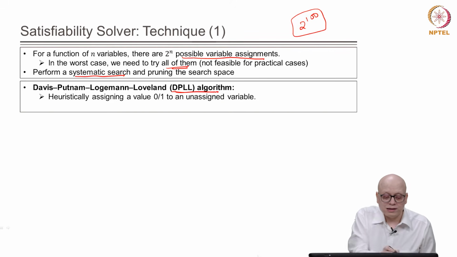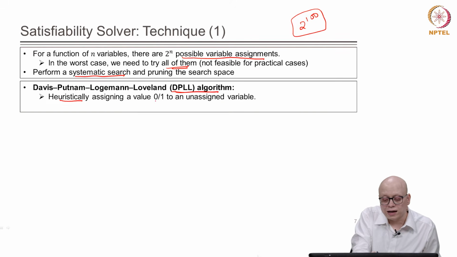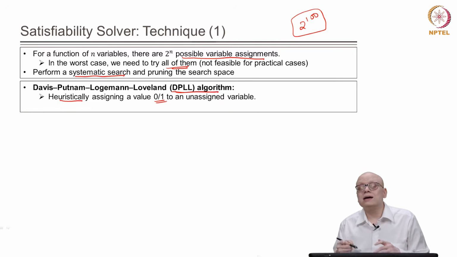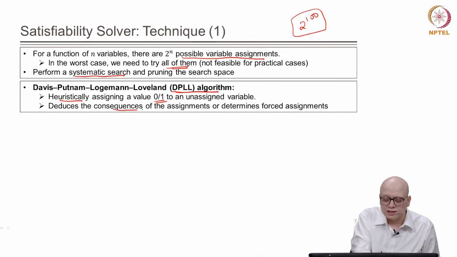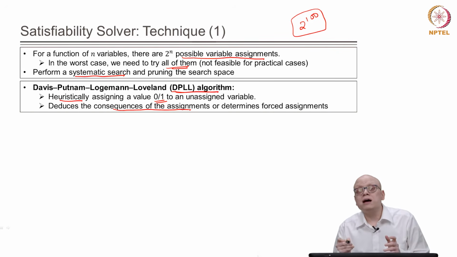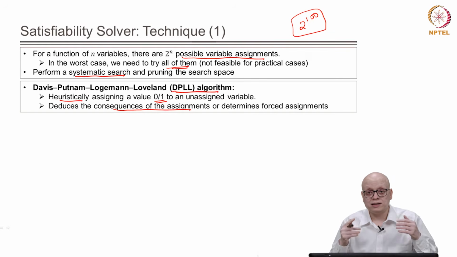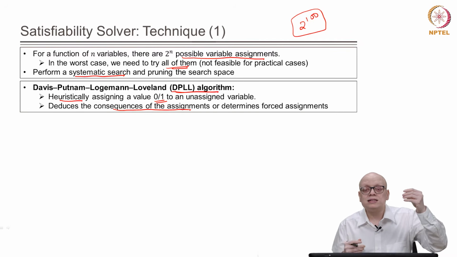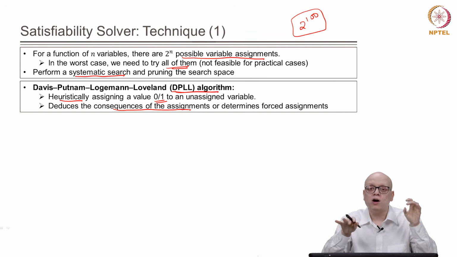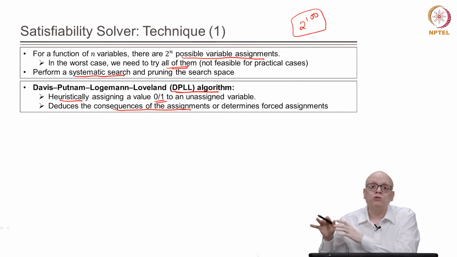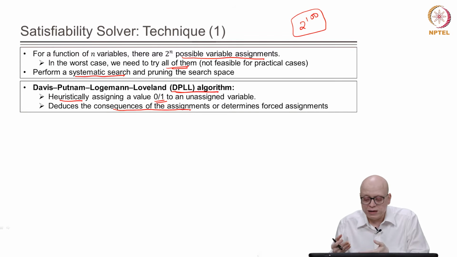This algorithm basically heuristically assigns values 0 or 1 to unassigned variables, and based on those assignments it deduces the consequences of the assignments and determines forced assignments. It selects a variable, says okay, let me assign it 0 or 1, and after assigning it deduces what the forced assignments are.